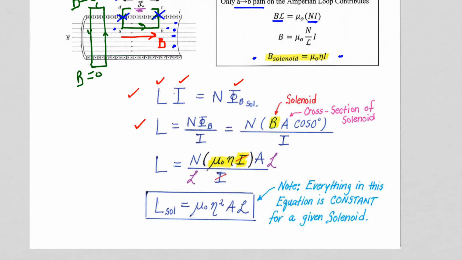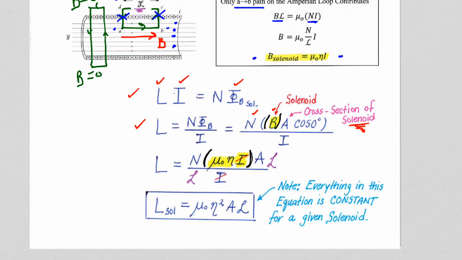The flux through the whole solenoid is going to be the number of turns of the solenoid times the B field in each coil times the cross-sectional area of the solenoid for each coil. That's the area that each coil encompasses. The normal n hat and the B field give a cosine of 0, divided by I. When we plug in our result from above, the fact that the B field is mu naught script N I, we get the B field here as mu naught script N I.